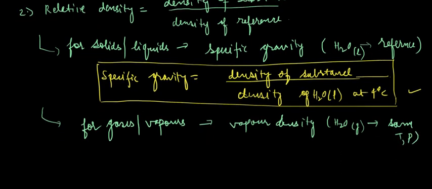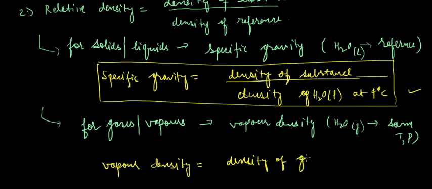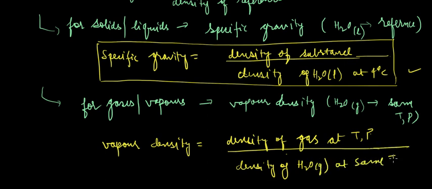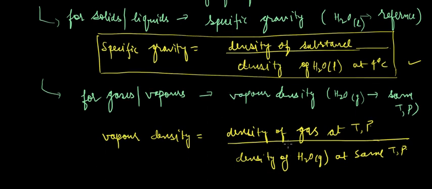So vapor density would be density of gas or vapor at a temperature and pressure upon density of H2(G) at the same temperature and pressure, or at the same conditions, to put it in other words.